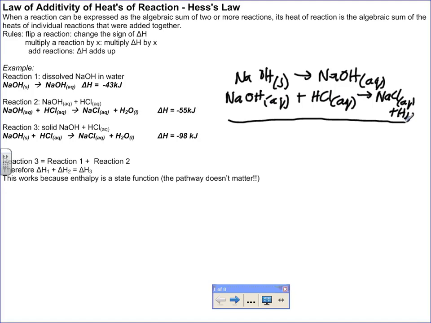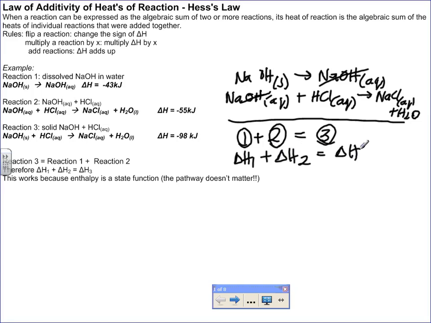So when I add these two reactions, the sodium hydroxide aqueous simplifies, and what I have overall is a reaction between sodium hydroxide solid and hydrochloric acid to produce the sodium chloride and water. So reaction 1 plus reaction 2 is equal to reaction 3. And the delta H of 1 plus the delta H of 2 is equal to the delta H of 3. And this is because delta H is a state function.